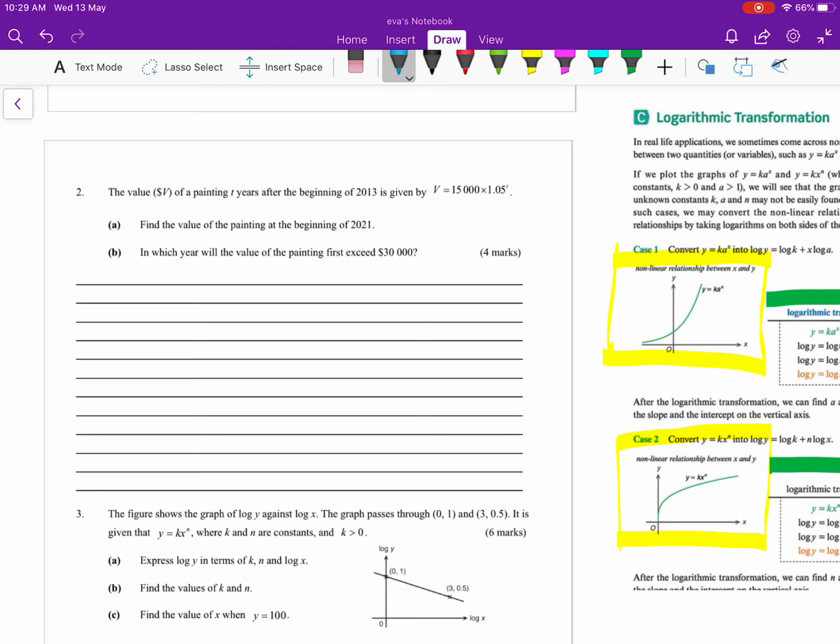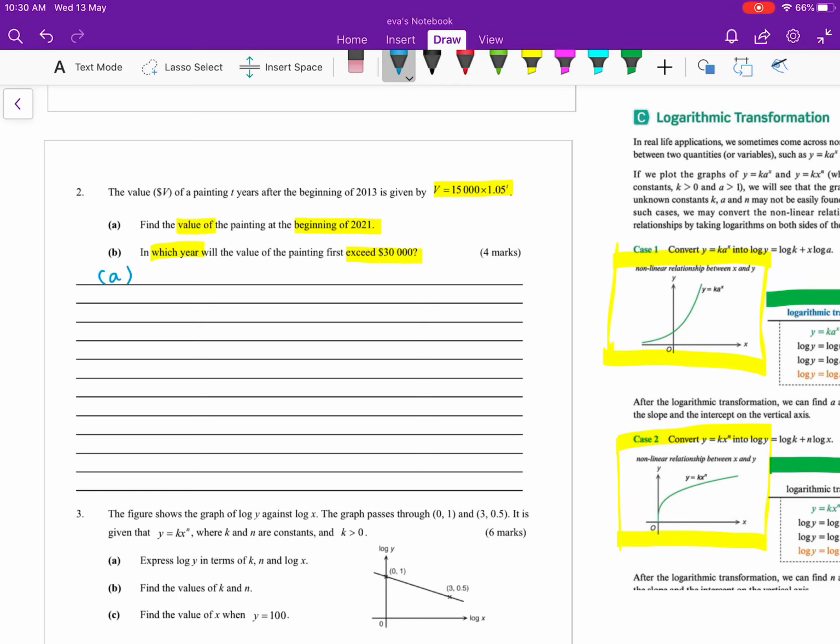We have to find the value of the painting at the beginning of 2021, and then next find out in which year the price of the painting will exceed 30,000. So we are going to use the equation given in the question. So let's do it together.